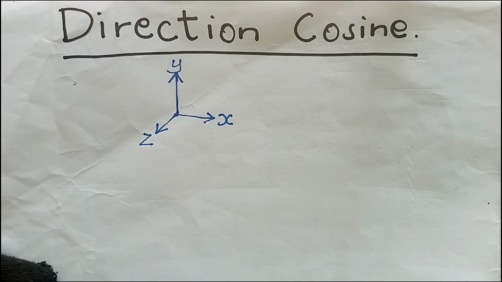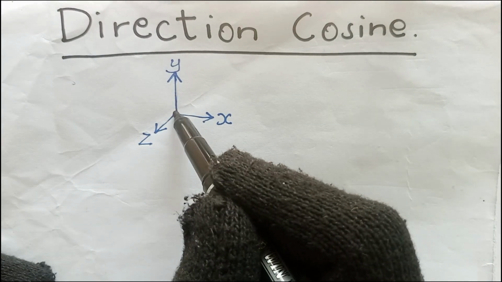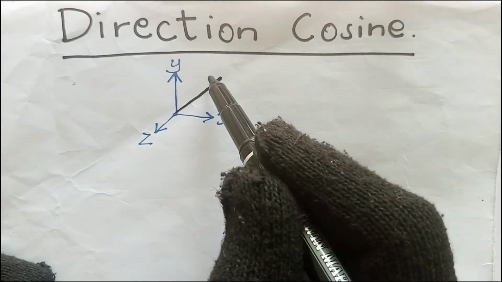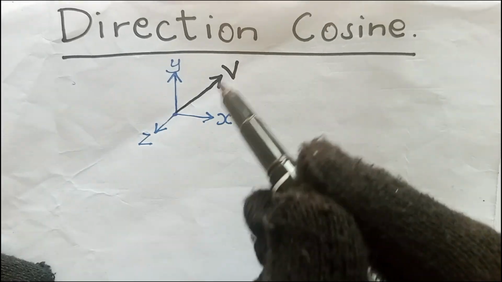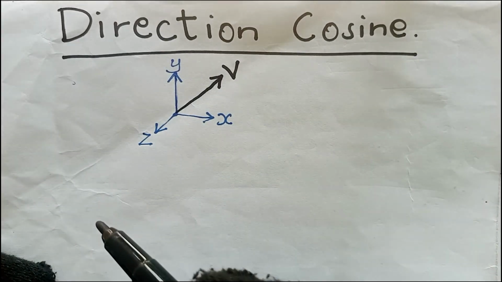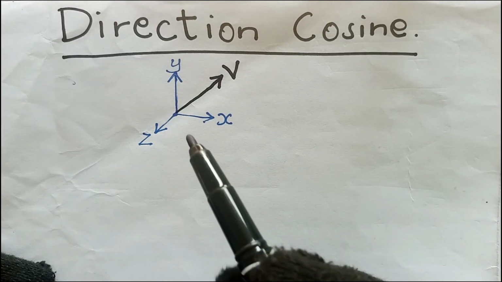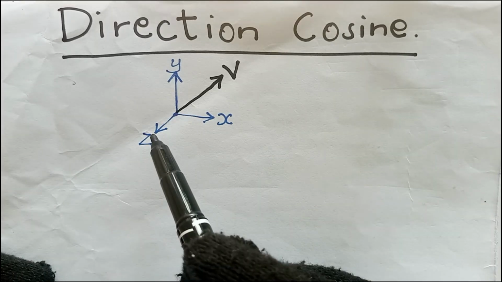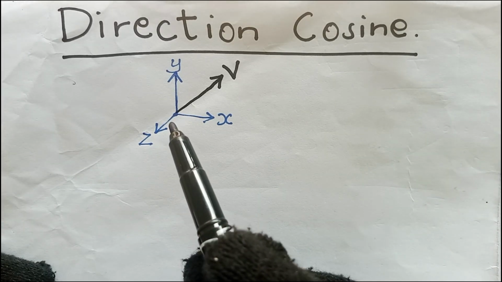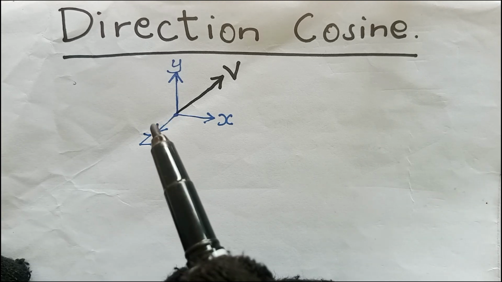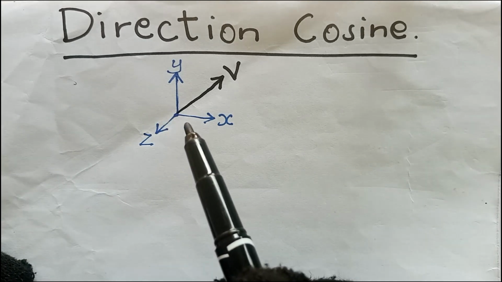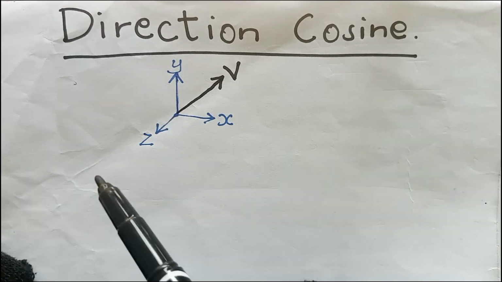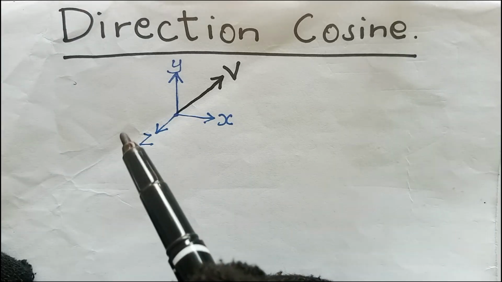Then assuming we have a vector v, v is a vector that extends in both the x-axis, y-axis, and z-axis. I mean, it extends in both the x, y, and z directions.